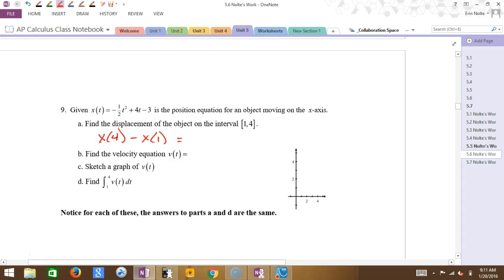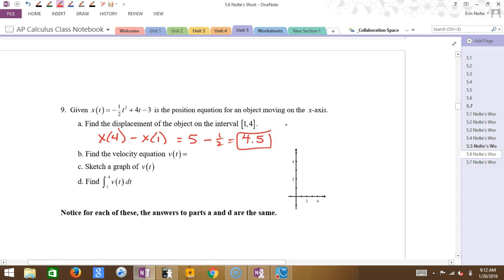So we got 16, negative 8 plus 16 is positive 8. Yeah, I'm still going 5. I feel pretty good about 5. Minus, if I plug in 1, I get 1/2 plus 4, which is 3.5 minus 3, so I get 1/2. So 4.5 for that, for displacement.